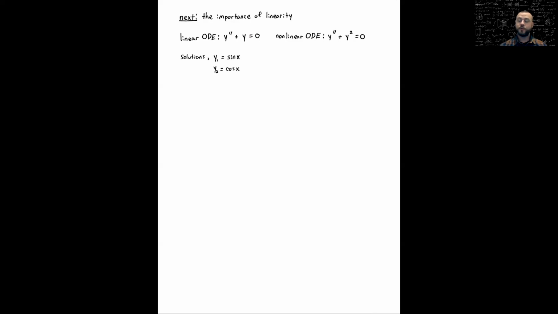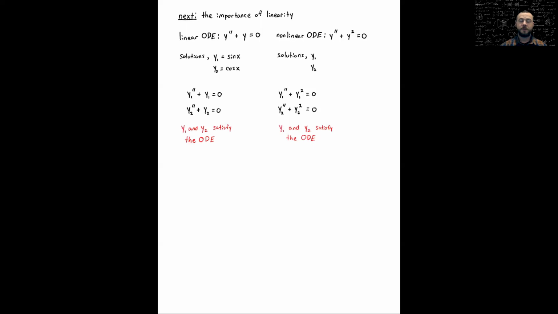All right, now to see the importance of linearity, we're going to pretend we already know two solutions. Now, for the linear ODE, we do know two solutions, sine of x and cosine of x. But let's forget about that. Let's just suppose y1 and y2 are solutions to that linear ODE. And we'll do the same thing for the nonlinear ODE.